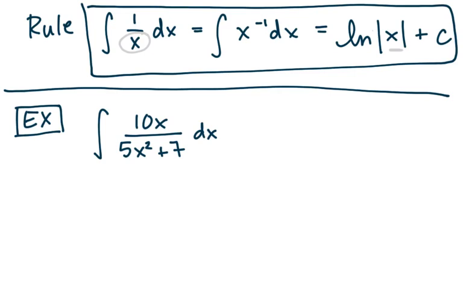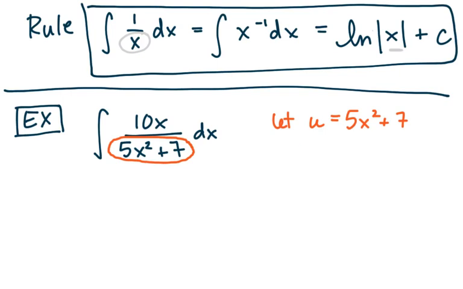When we are trying to decide how to choose my u value, one of the methods we said we would use is to choose what is in the denominator. And it's not always that way. These are just general rules. So in this case, I'm going to say, let u equal 5x squared plus 7.